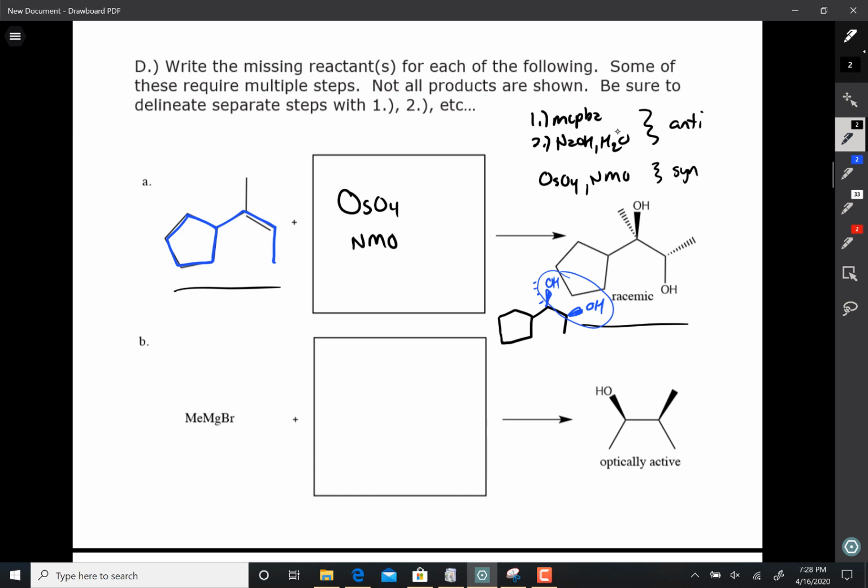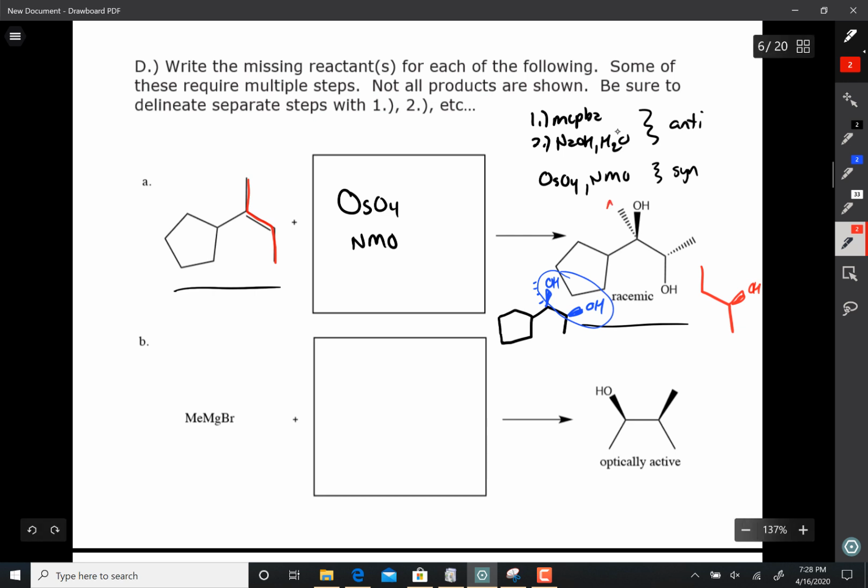Now, you could have redrawn the molecule like that, where the two methyl groups are trans to each other. In that case, you redraw the molecule like this. You do so, that OH still is a wedge.